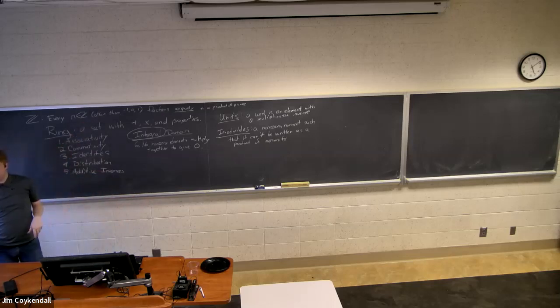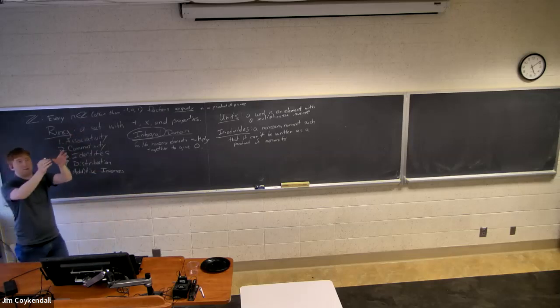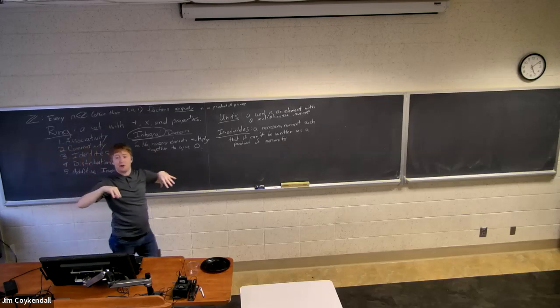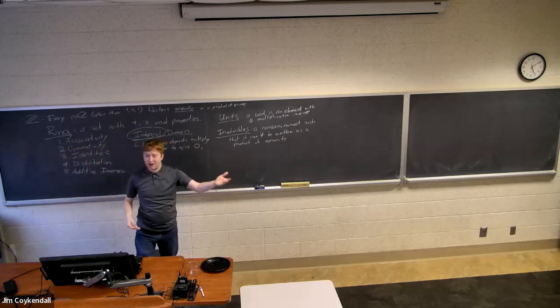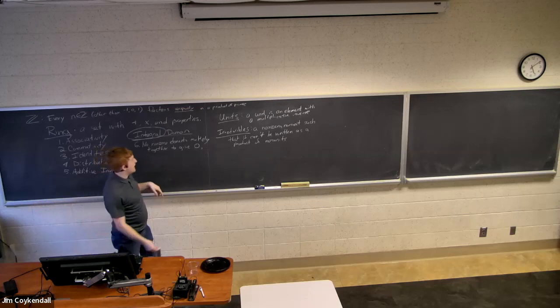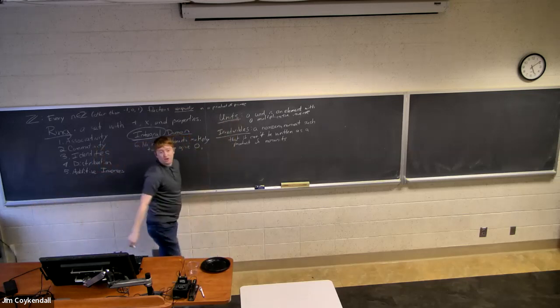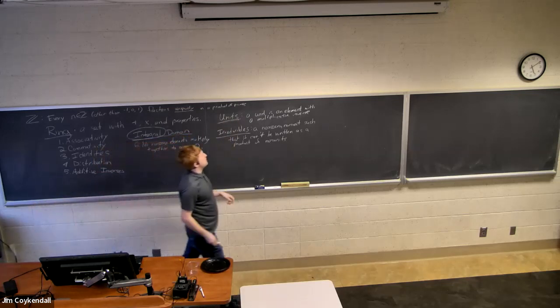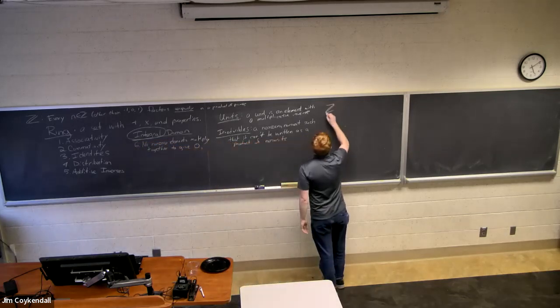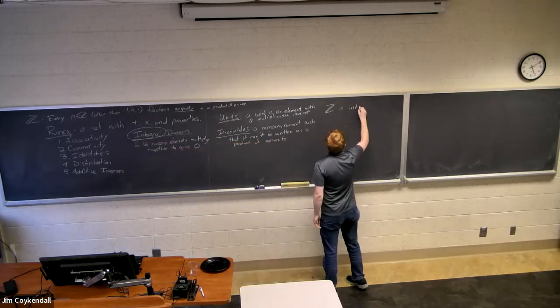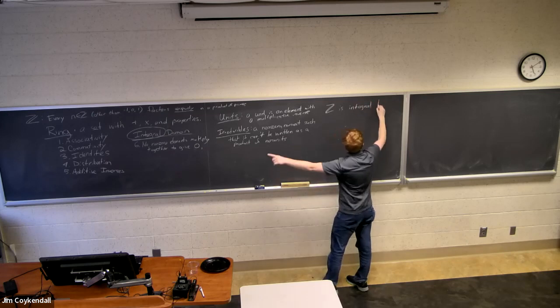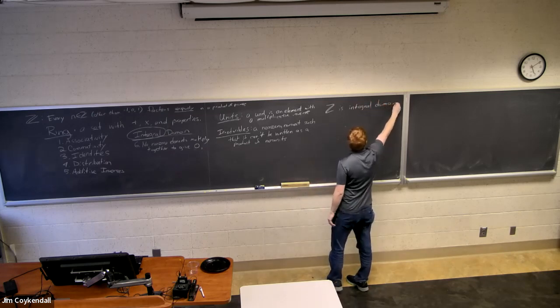Think about primes in the integers. With a prime number, you can't split it up into two factors unless one of those factors is 1 or -1, which are our units. So, like I said, Z is an integral domain. So it's got all of those features over there.